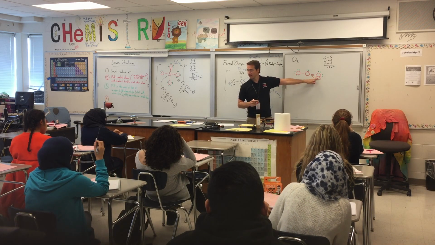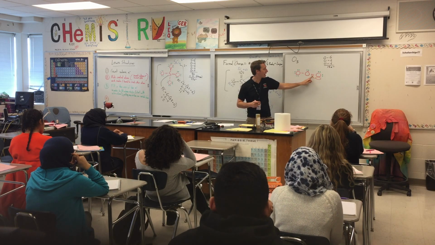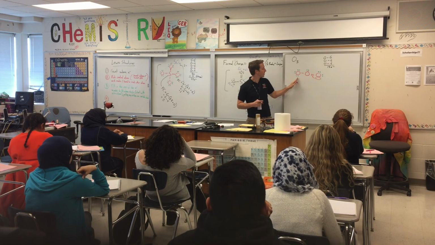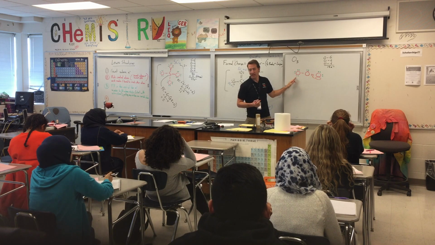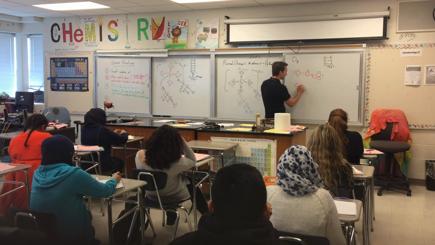I took the lone pair from the oxygen on the right to make this double bond. Why couldn't I take it from the oxygen on the left? I could, right? And then the structure would look like this.